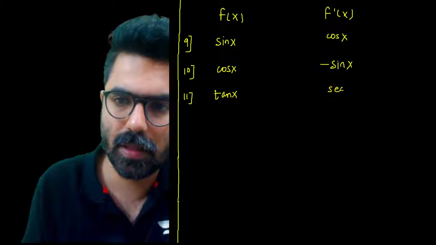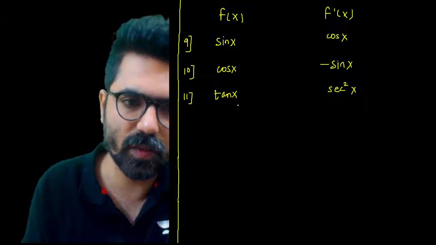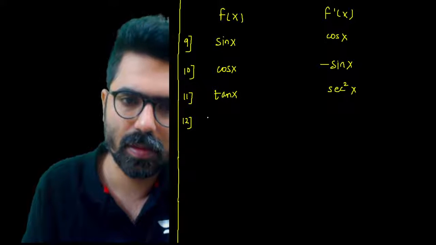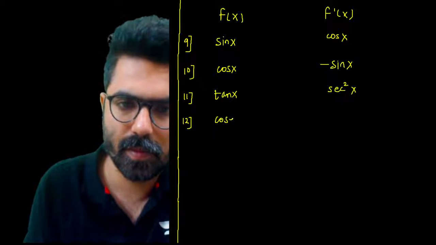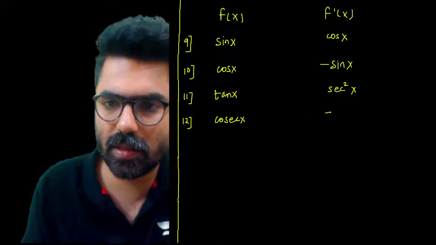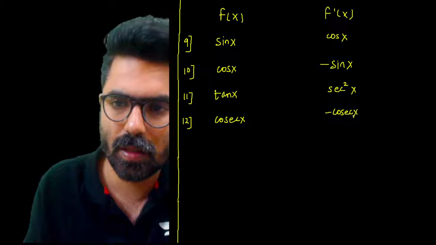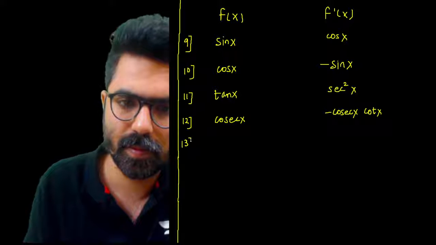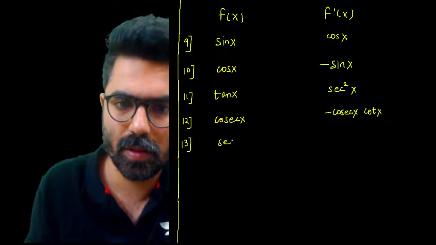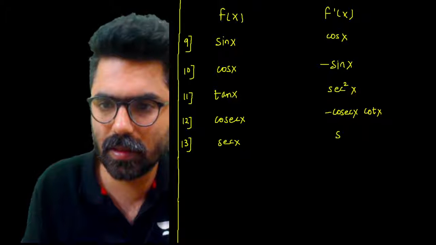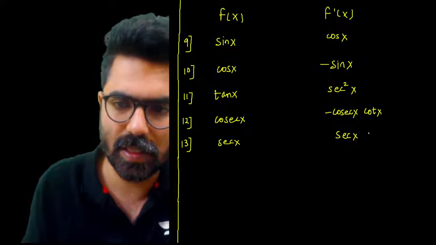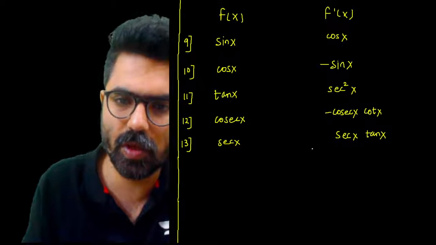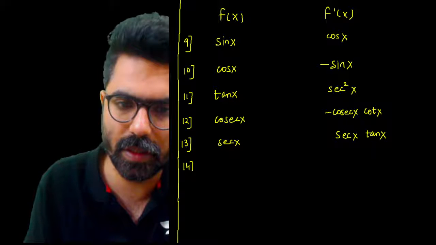Tan x, derivative is sec square x. Cosec x is minus cosec x cot x. Sec x, it is sec x tan x. Please make this list because we are going to use these formulas in the upcoming slides.